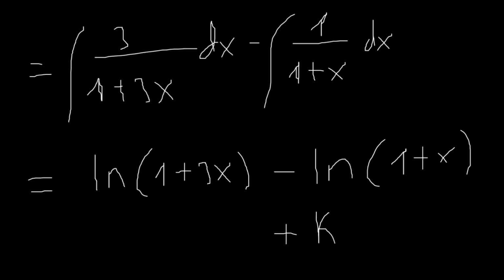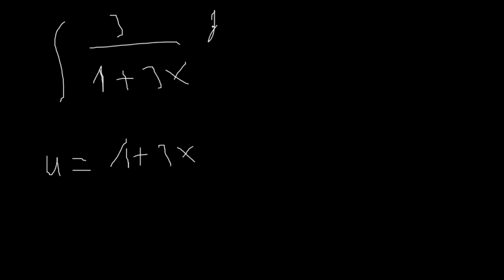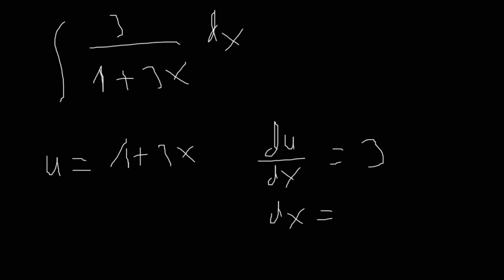Some of you may not be understanding what's happening. Sit down and watch how to integrate this. You have the integral of 3 all over 1 plus 3x. You can take u equal to 1 plus 3x. du over dx is equal to 3, therefore dx is equal to du all over 3.